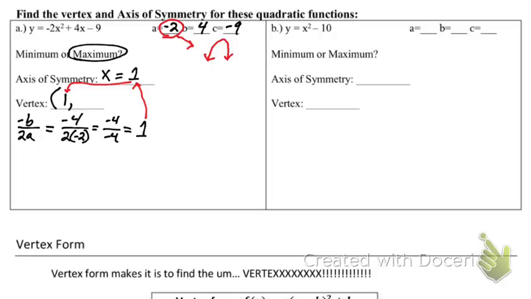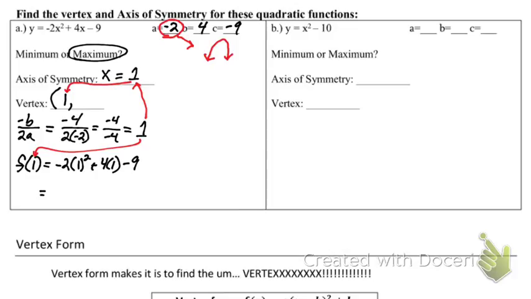So to know negative b over 2a, you need it to get your axis of symmetry and your vertex. So our vertex is now going to be f of 1. I'm going to plug that 1 in for my function, which is going to equal negative 2 times 1 squared, plus 4 times 1, minus 9.